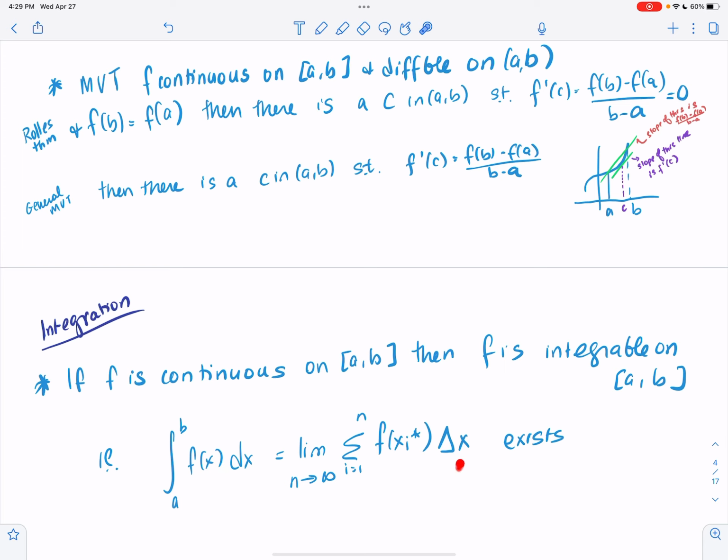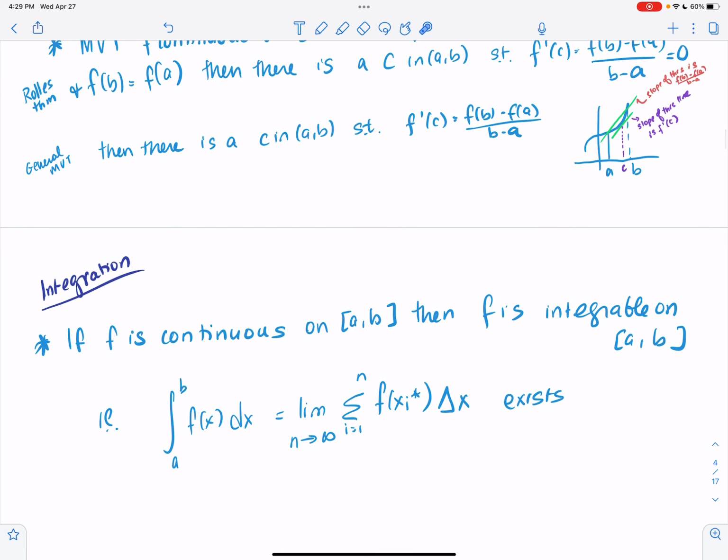Okay, where delta x is the width of the partition, x i star is any point in the ith subpartition interval in the partition. Okay, so that is the definition of integrability.